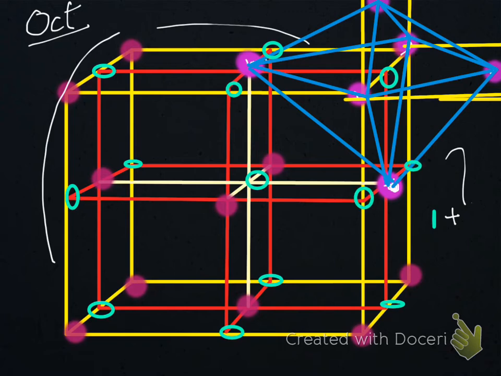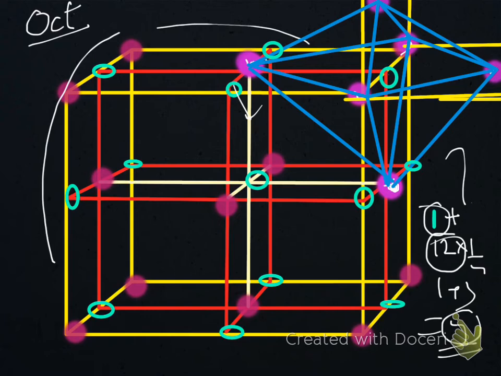You can see 12 edges, but each edge is shared by 4 unit cells. So the contribution to this unit cell is 1 by 4. So 1 plus 12 by 4, 1 plus 3 equals 4. So totally we have 4 octahedral voids: 1 at the body center and 12 at the edge centers, but the contribution is only 1 by 4, totally 4 octahedral voids.